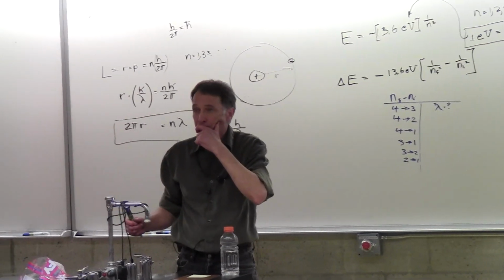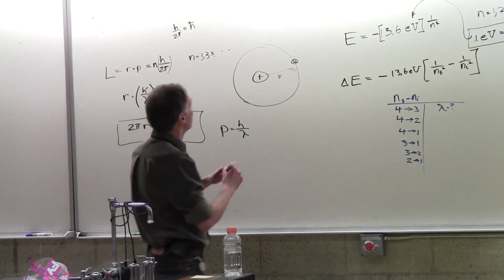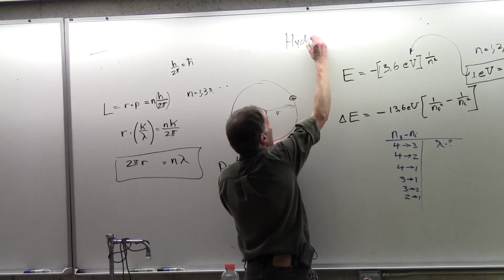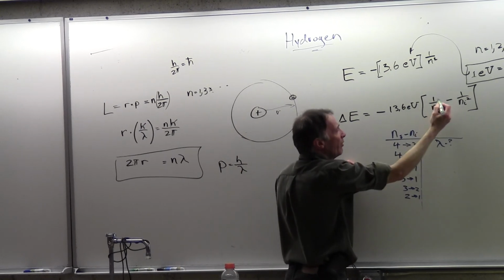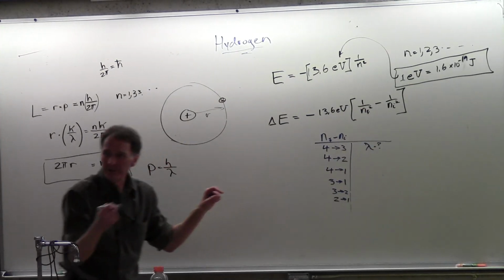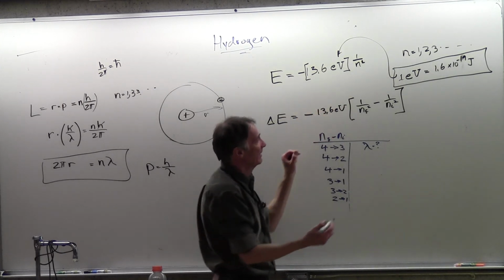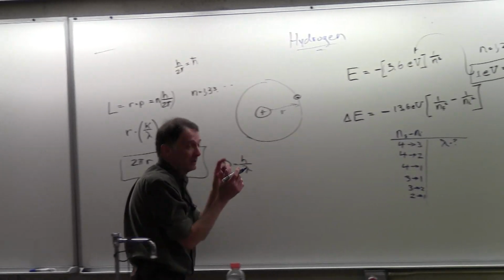Yeah? So this E is for the hydrogen atom, and the previous E that you gave us was... Here we had the 1 over n squared. The previous one, if you look at your notes, has the constant, and then it's times an n squared up on top. It has a different potential function.